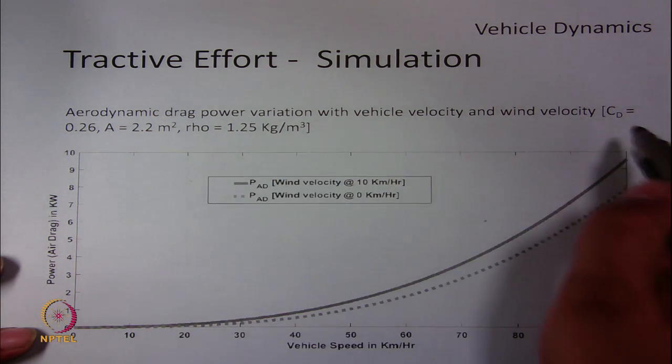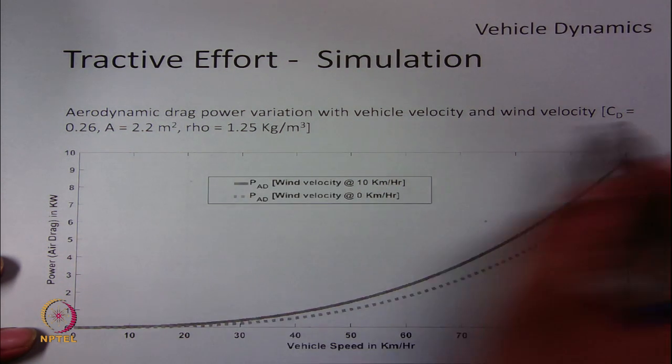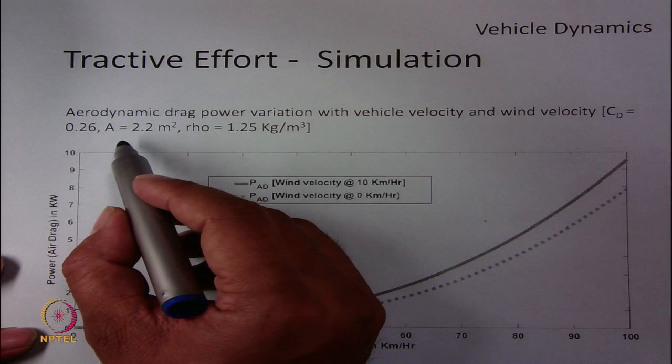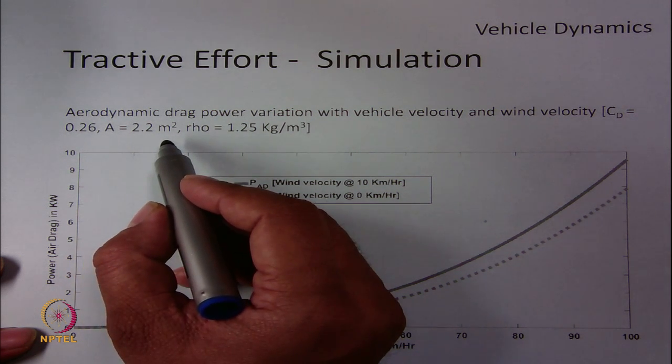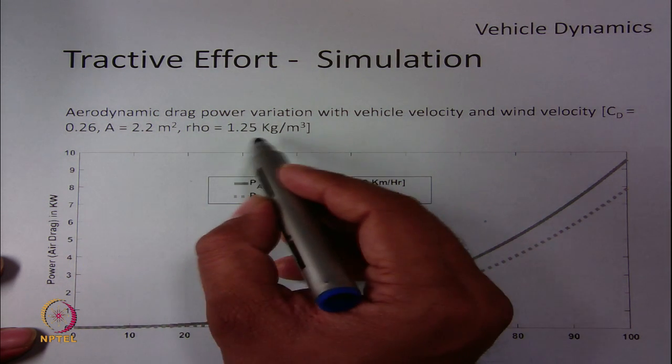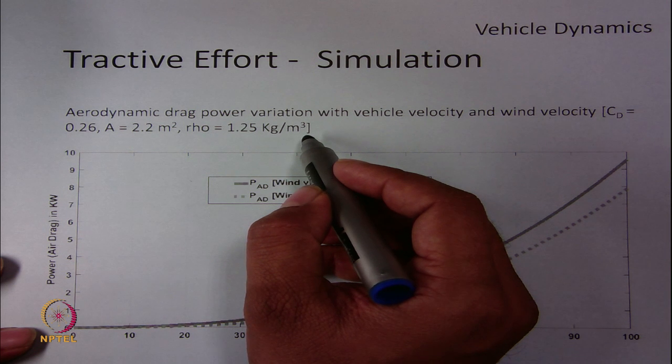So, let us assume that we have a drag coefficient of 0.26, frontal area of 2.2 meter square and air density of 1.2 kg per meter cube.